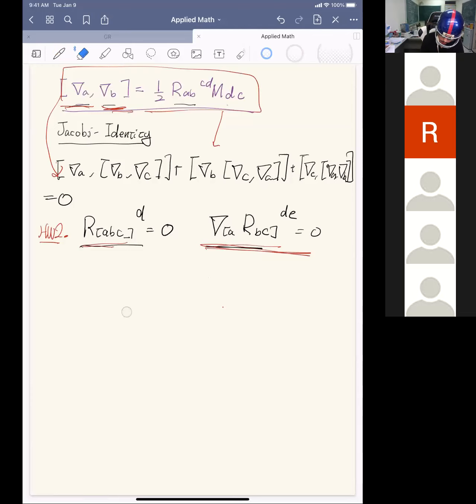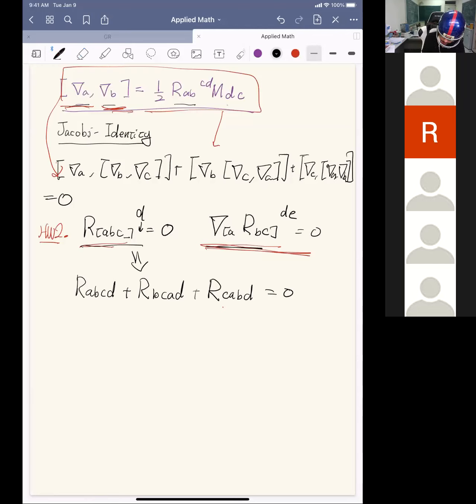And from this homework 2, you'll realize that actually R is totally antisymmetric, so let's just write what this means. So ABCD, I'm just going to lower these indices using the flat eta. So this is saying R_{ABCD} plus R_{BCAD} plus R_{CABD} is 0. Okay, this equation just means this.